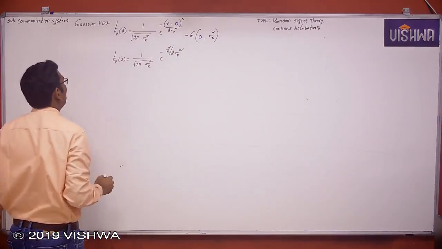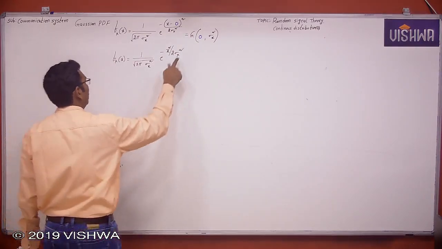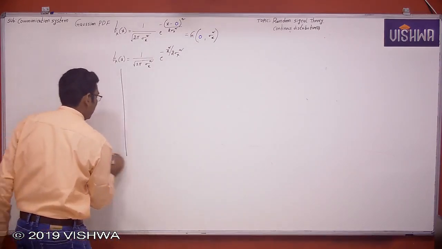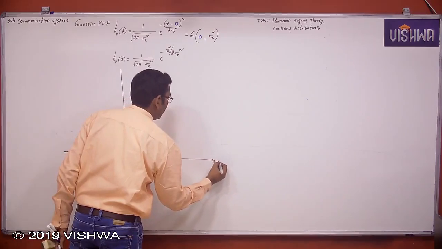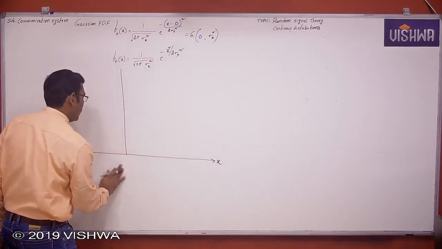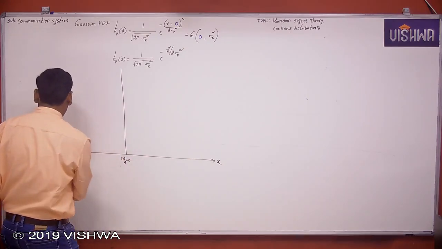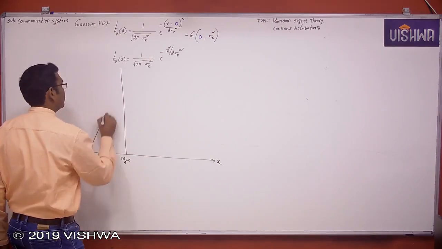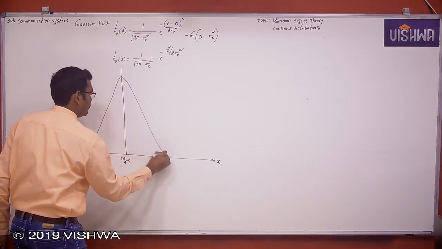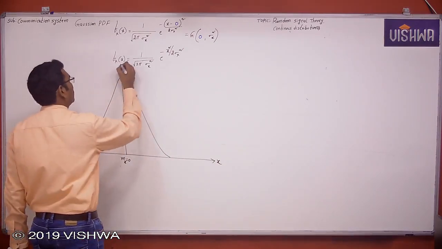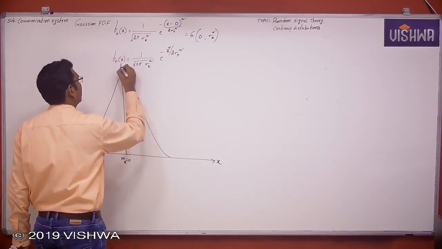Now this is the Gaussian probability density function with mean equal to 0, which means the distribution is now centered at the origin.